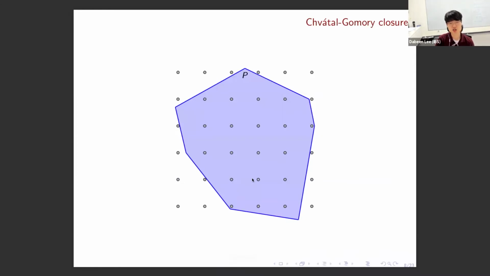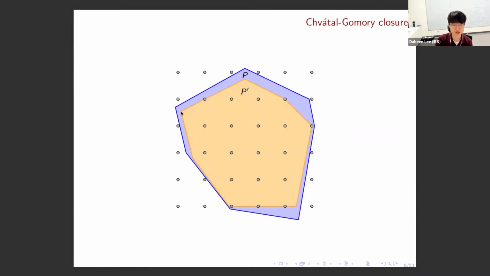In picture, if you start with a rational polyhedron, I'd like to get closer to these black integer points in the hope that I find an integer solution that's maximizing my objective function. If you apply the CG closure, you obtain this.